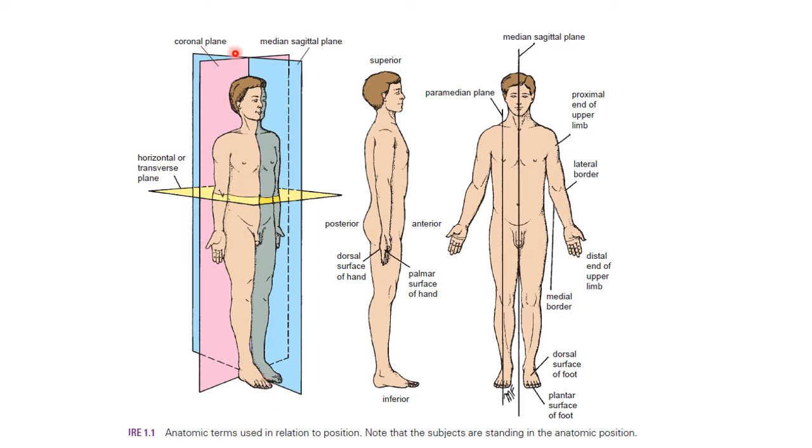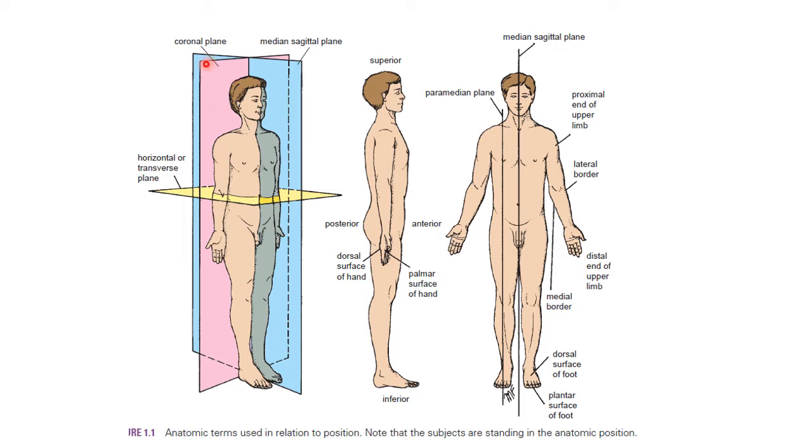If we pass a plane through this body longitudinally, from the superior side to the inferior side of the whole body, it divides the body into two equal parts externally, one right side and one left side. This blue plane is known as the median sagittal plane. Any plane parallel to the median sagittal plane is known as a paramedian plane or parasagittal plane.